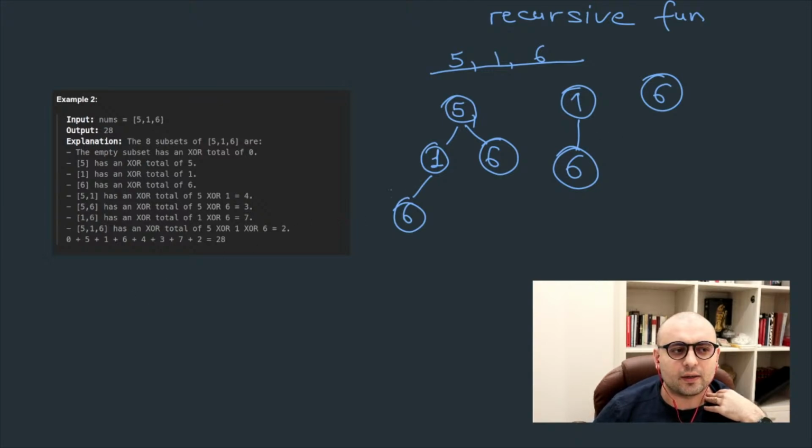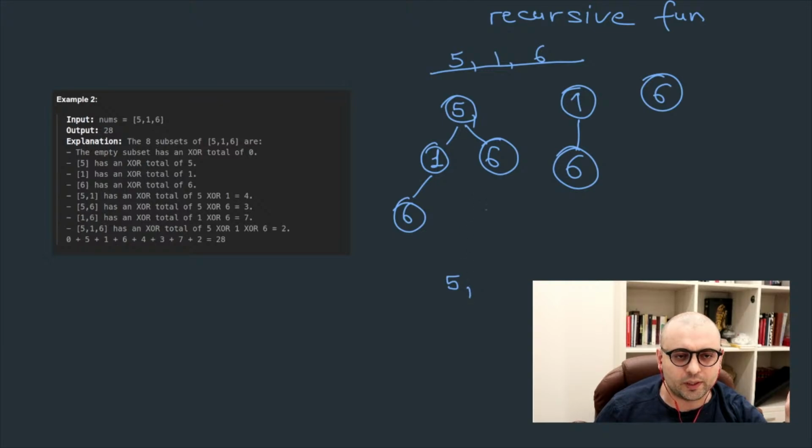So we can try another example. So here, how can I code this? Because we don't have 5. This is a trouble. If we go with this tree, so we'll have 5 XOR 0, where 5 itself will be 5.